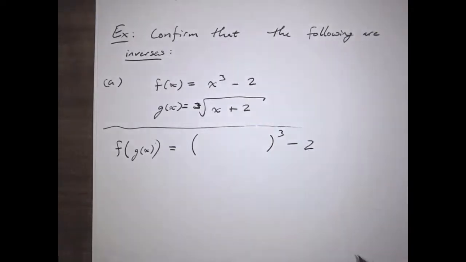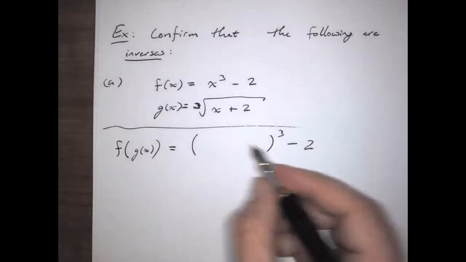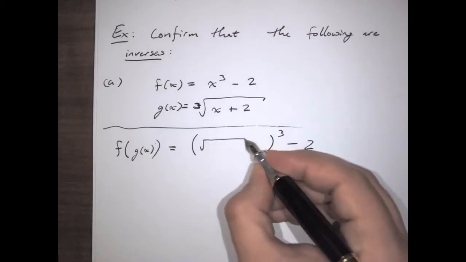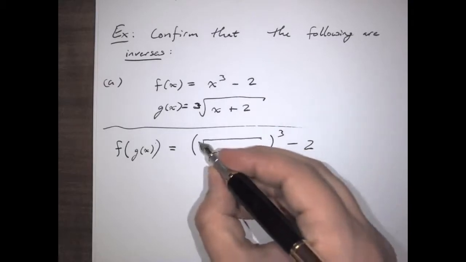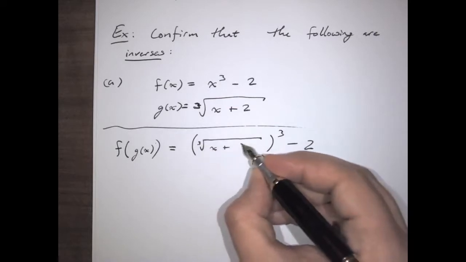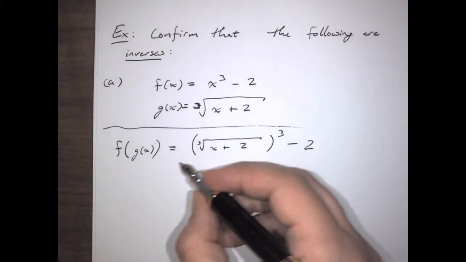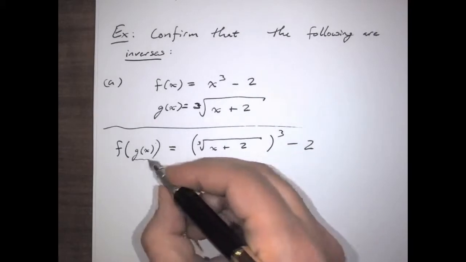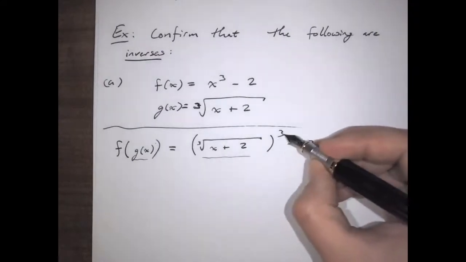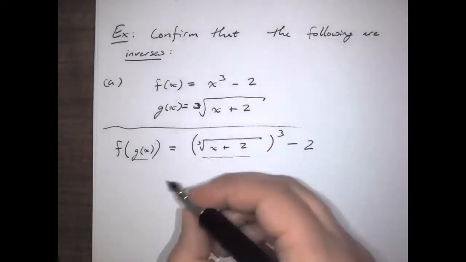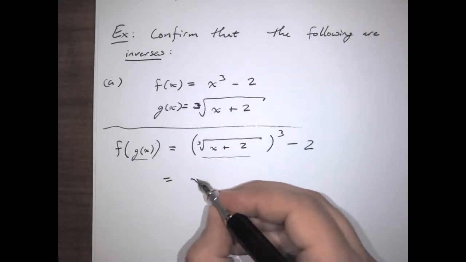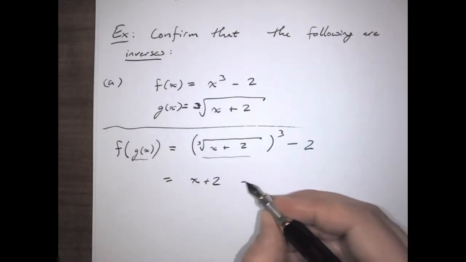So f takes its input, cubes it, and then subtracts 2. And then into there, I put the formula for g, which is the cube root of x plus 2. Now, when I look at this, I've got a cube on the outside and a cube root on the inside, so those do cancel each other out, and that gives me just x plus 2 minus 2.